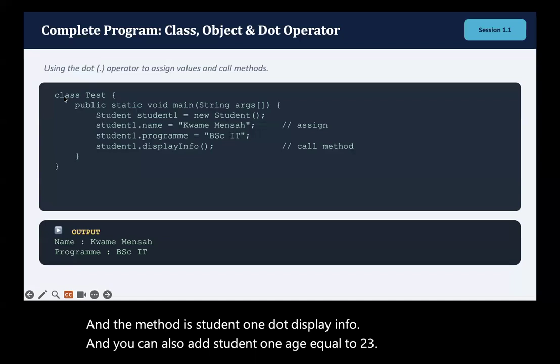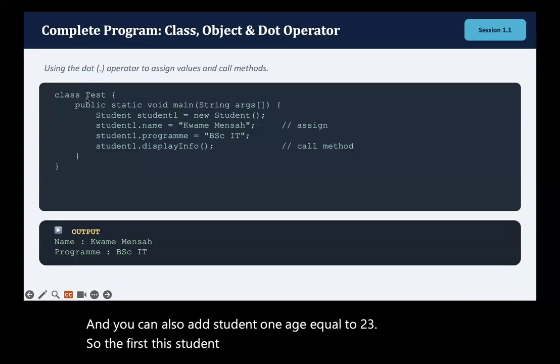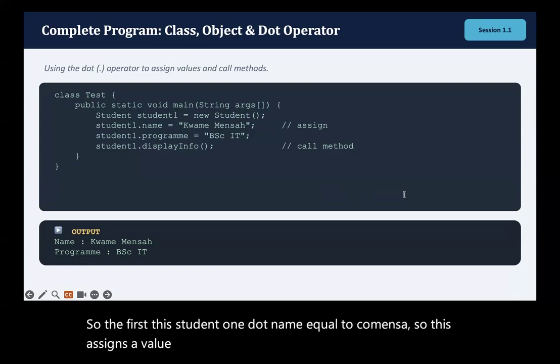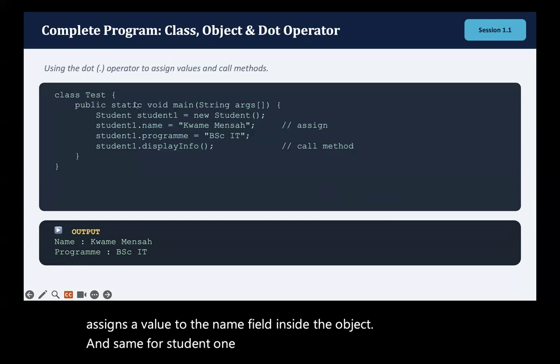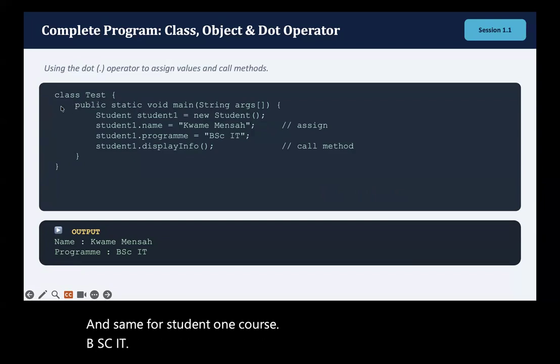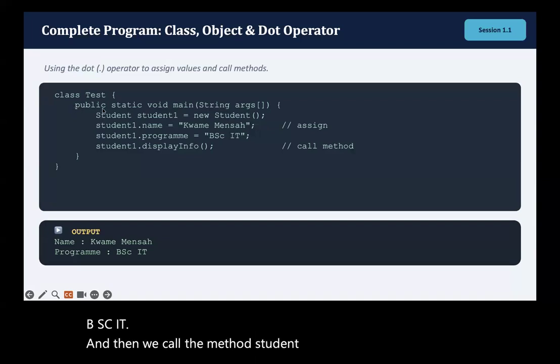The first, student1 dot name equal to Mensa, assigns a value to the name field inside the object. Same for student1 dot course, BSc IT. And then we call the method student1 dot displayInfo.